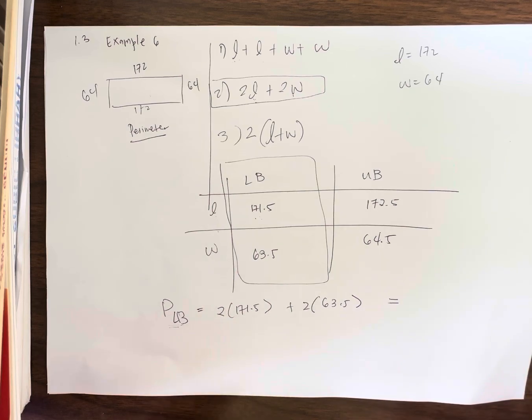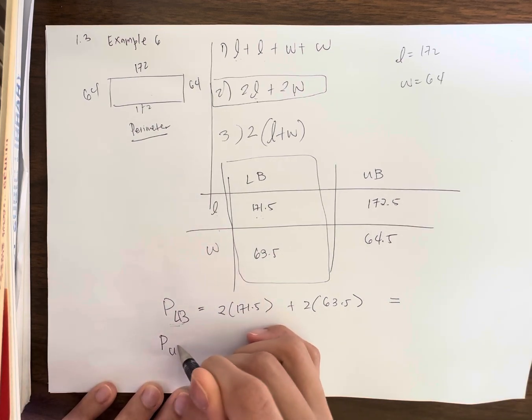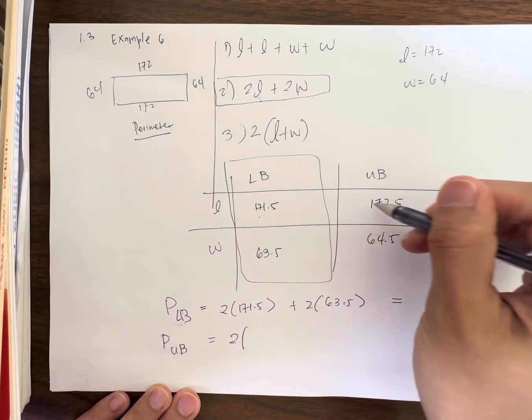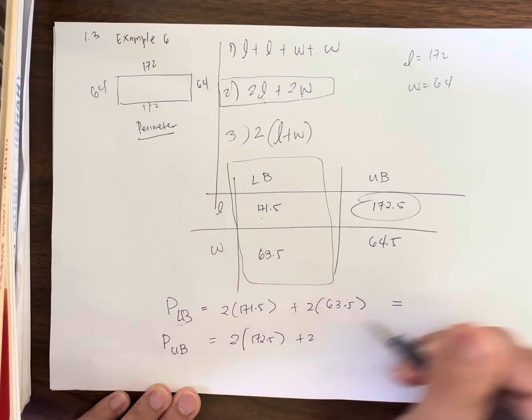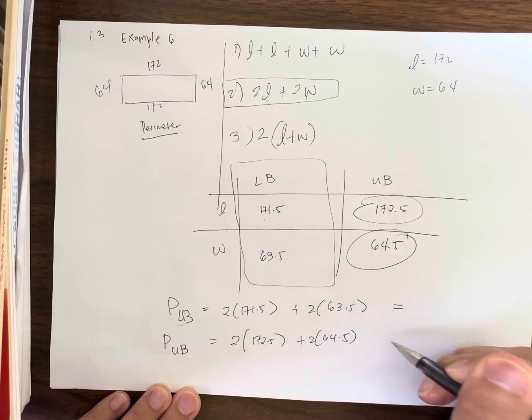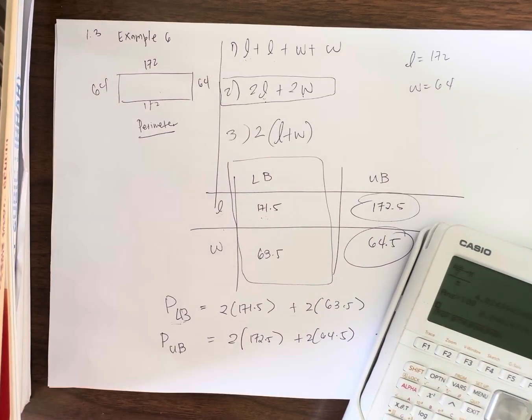And then I will look at the perimeter considering my upper bound values, which is 2 times 172.5 plus 2 times 64.5.